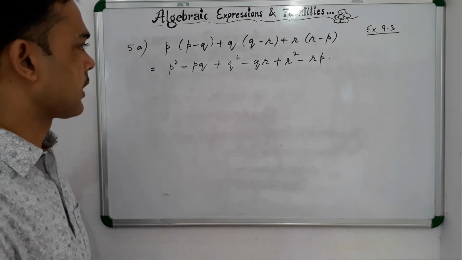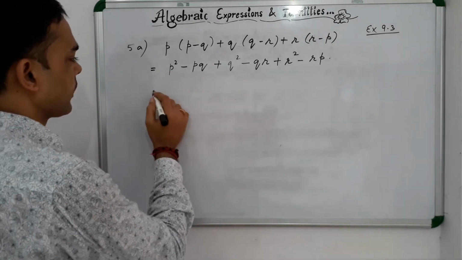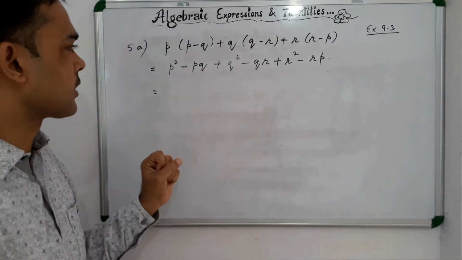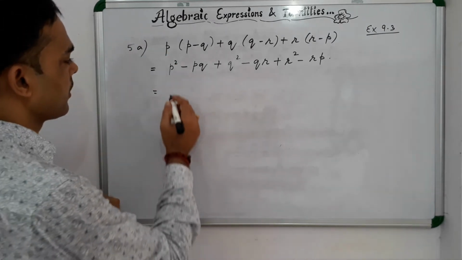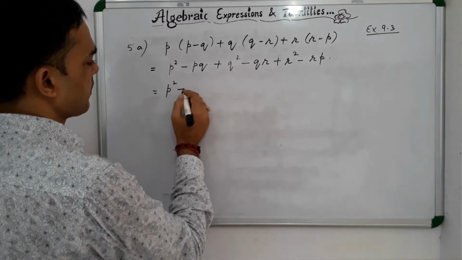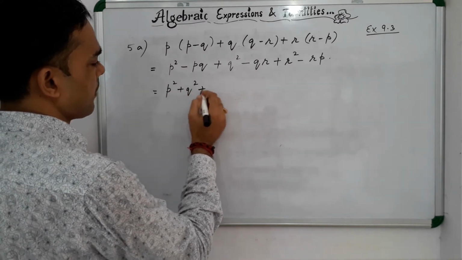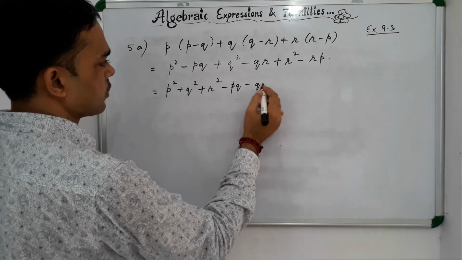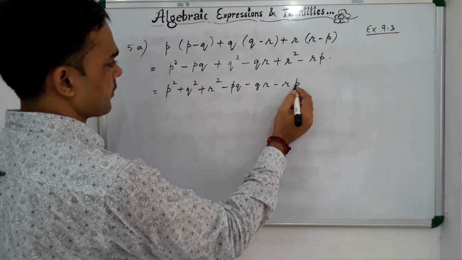Now let us arrange them all, and when you arrange, see why we are arranging it to write in standard form. So it will be P square plus Q square plus R square minus PQ minus QR minus RP.